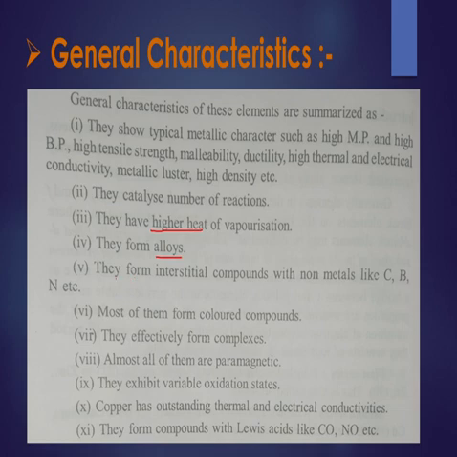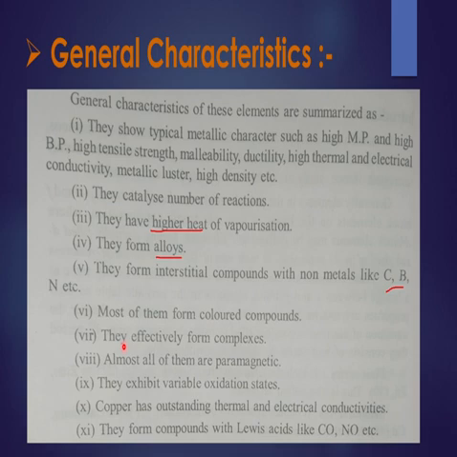Next, they form interstitial compounds with non-metals like carbon, boron, nitrogen, etc. Next characteristic, most of them form colored compounds. This is a particular characteristic of 3D block elements, that most 3D elements form colored compounds.